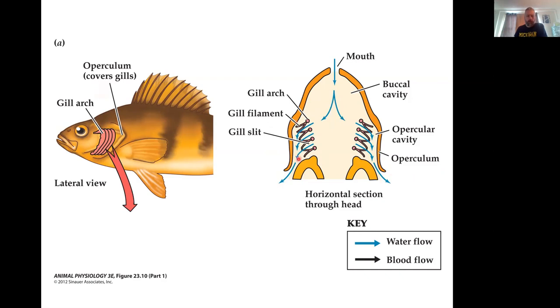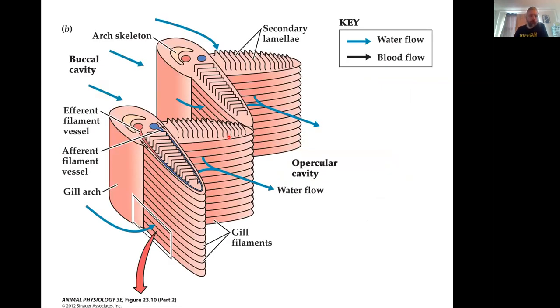Okay, and within the gills, we're going to have substantial blood flow, so we bring blood into contact with that water and exchange gases that way. So we take a little closer look here. The mouth cavity would be up here. Now we're in the opercular cavity behind, so these are the gills. Right?